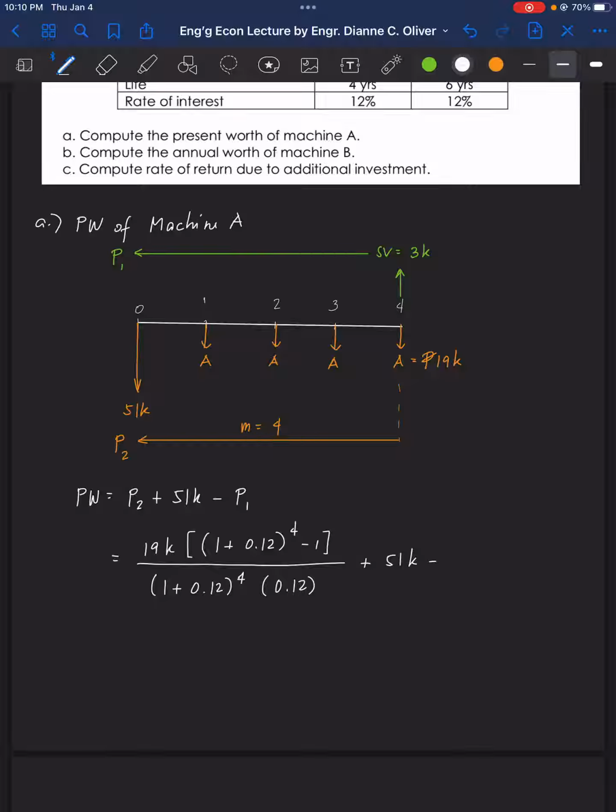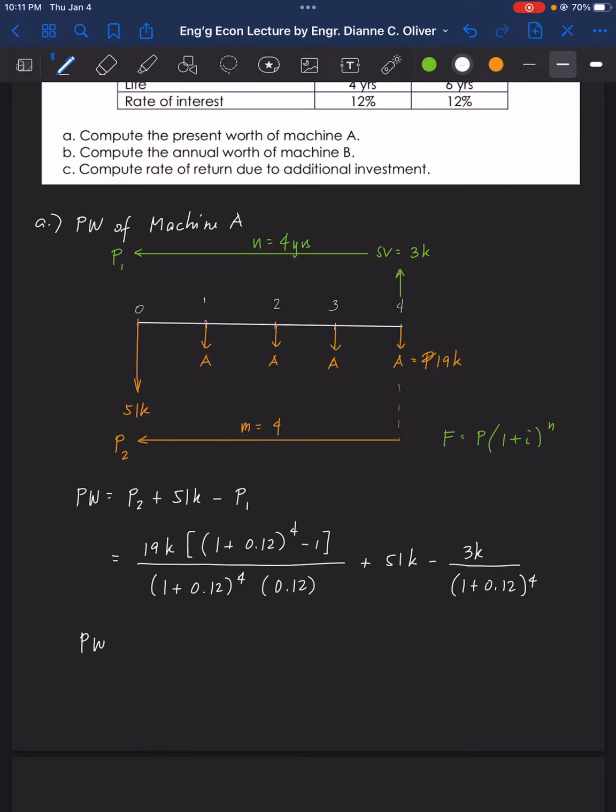So from the formula here, F is equal to P1 plus I raised to N. Therefore, our P here is equal to the future worth, which is 3k, divided by 1 plus 0.12. How many years? Number of years, that will be 4 years.